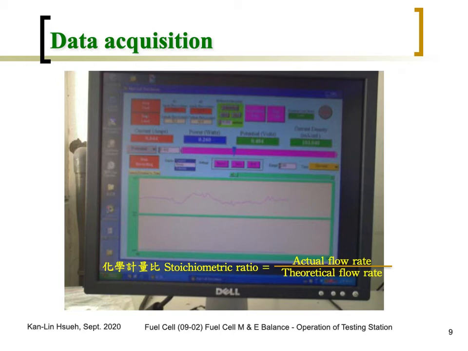Because if the stoichiometric ratio is equal to 1, then you might end up at the end of the cell with pure nitrogen. There's no oxygen at all. So the cell performance will be very low. Usually the stoichiometric ratio is kept about 2 to 4, somewhere there.